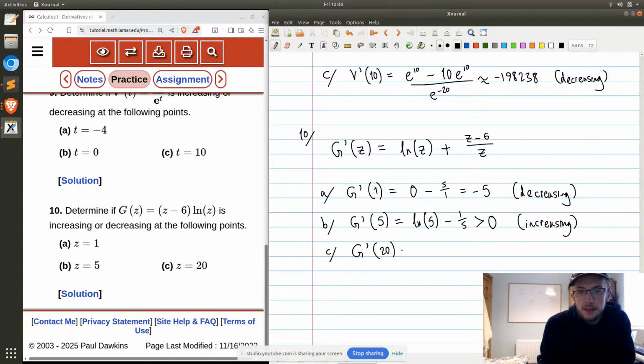G prime of 20: ln of 20, so somewhere between 2 and 3. And then 20 minus 6, that's 14. 14 over 20 is 7 over 10. And that's surely greater than 0, and that's surely increasing.